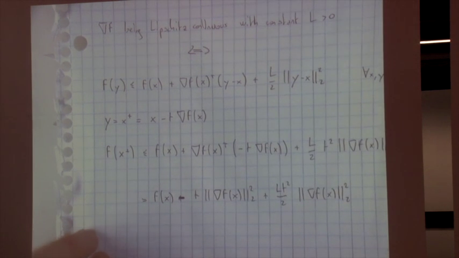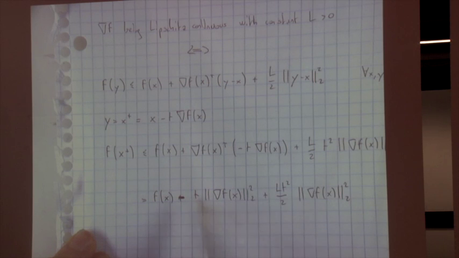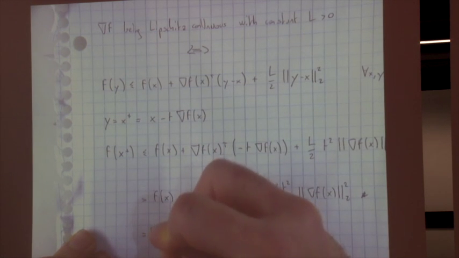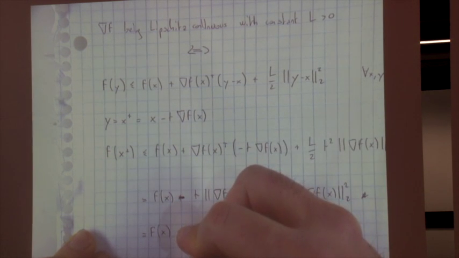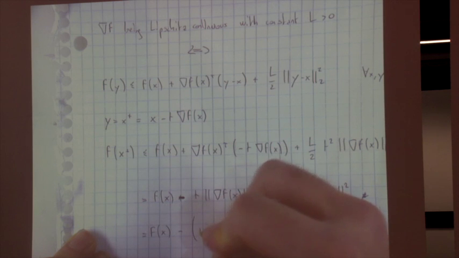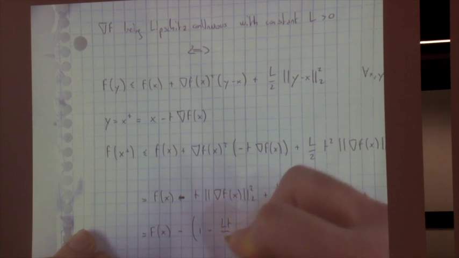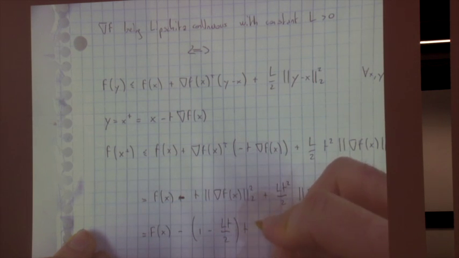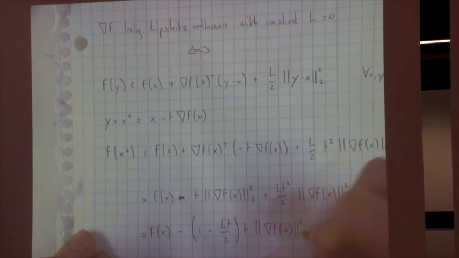Then I can collect one of the t's, which gives me f of x minus 1 minus L t divided by 2, times t, times the square norm of the gradient of f at x.